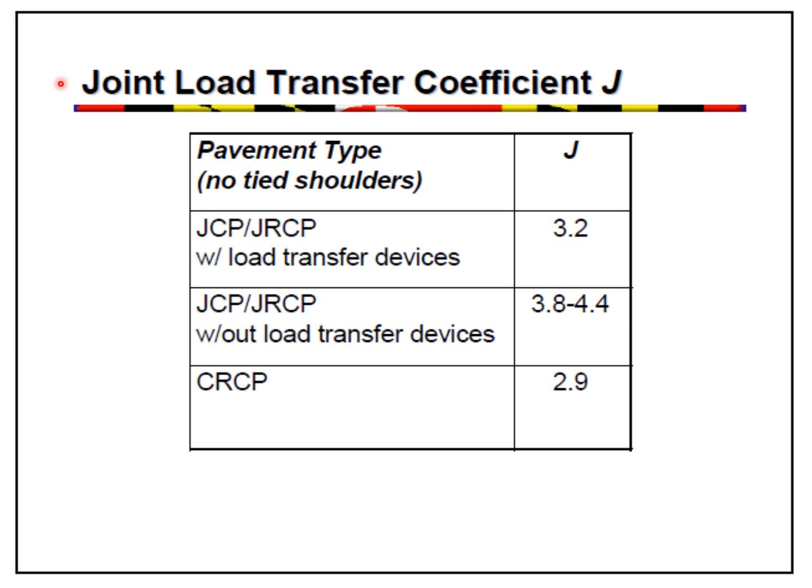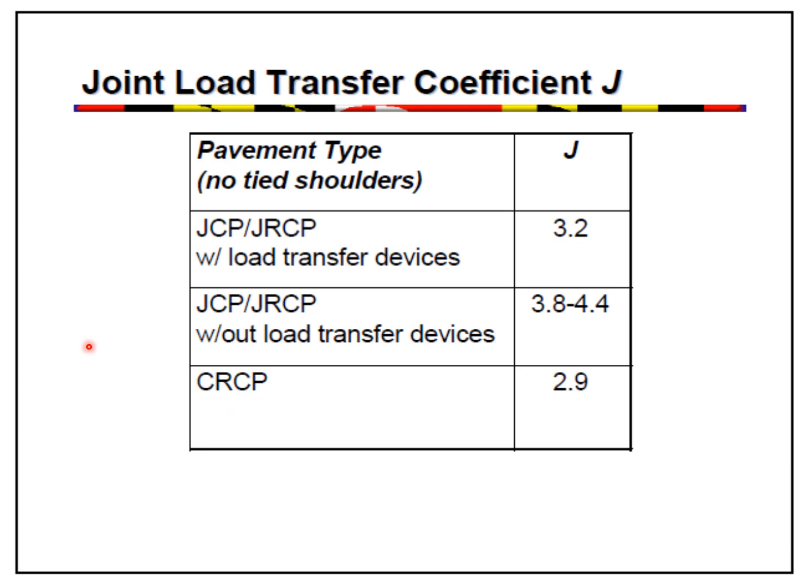On this particular slide, you can see the joint load transfer coefficient J, and you can see here JCP and JRCP with load transfer devices, JCP or JRCP without load transfer devices, and CRCP.